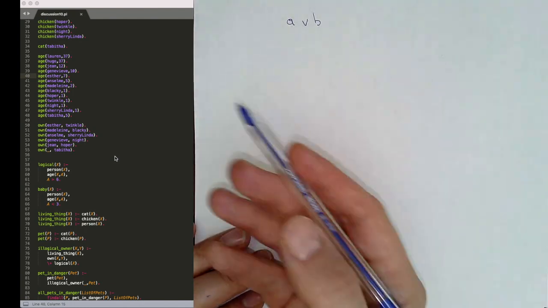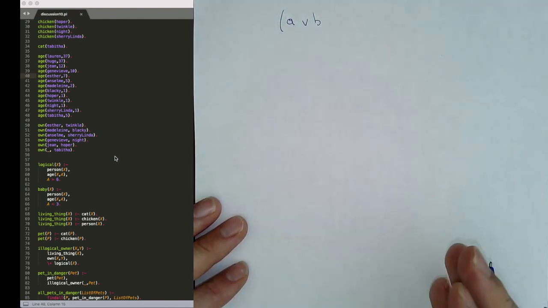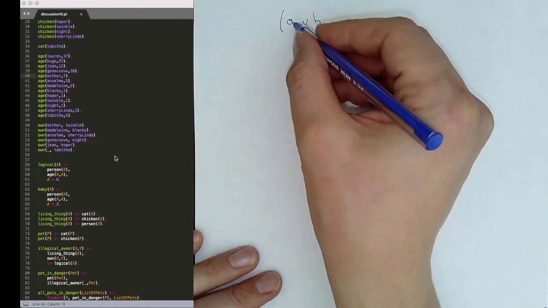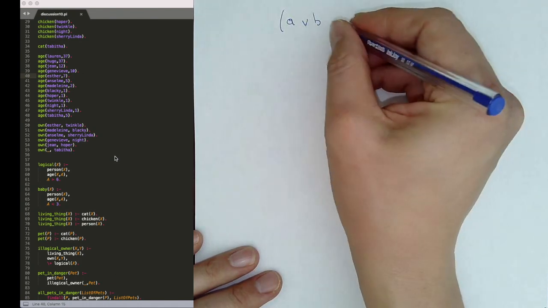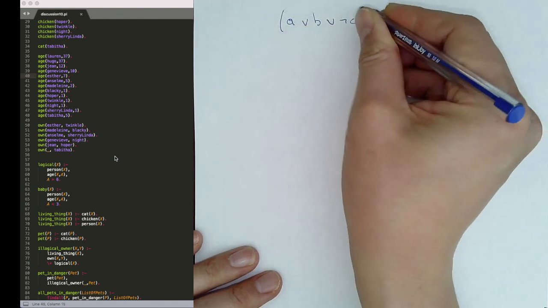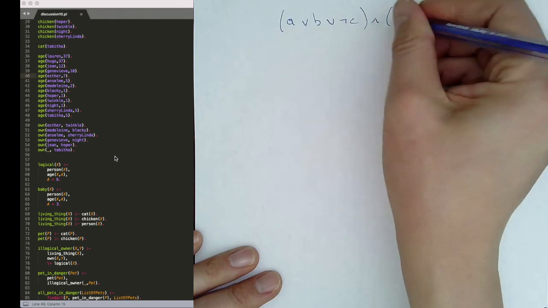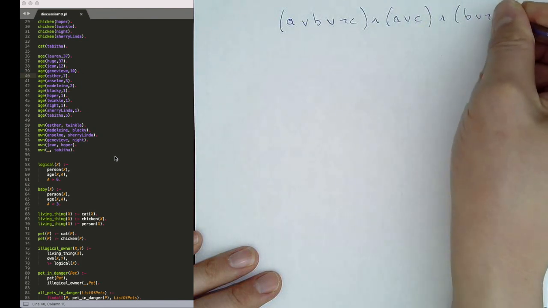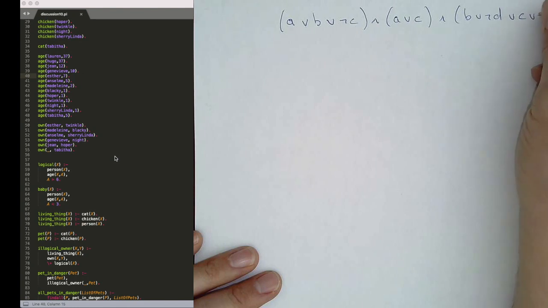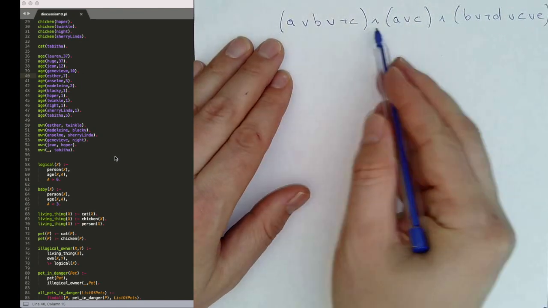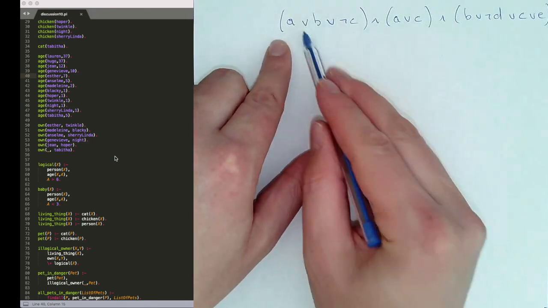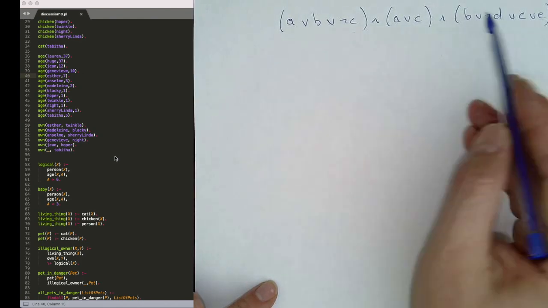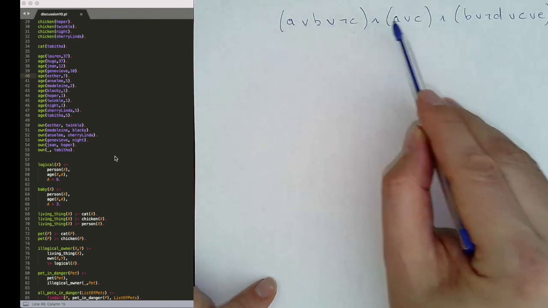If we take a proposition in the form of clauses, the clausal normal form, where you have a disjunction, only ors, say A or B or not C, and A or C, and B or not D or C or E, something like that. So clauses are only disjunctions, and they are all joined together by conjunction, so ands. You have only ors within the parentheses and ands between them.